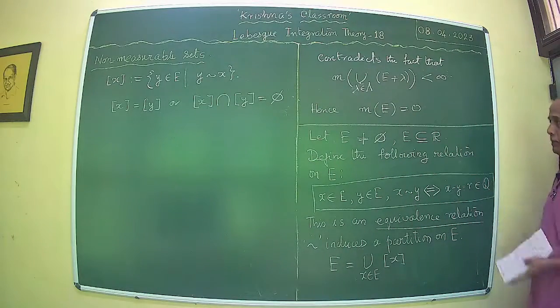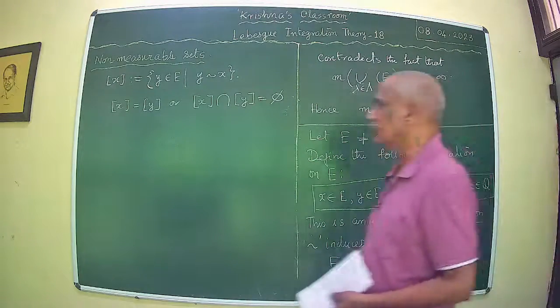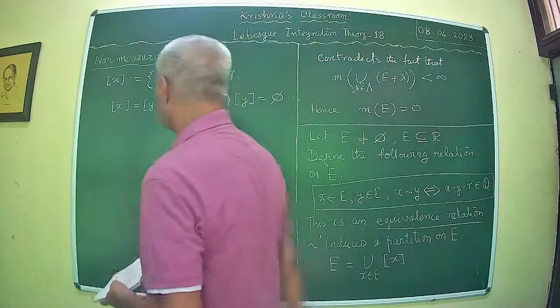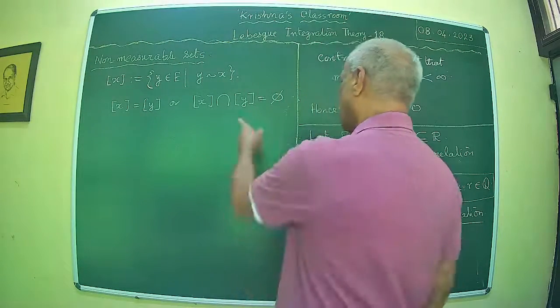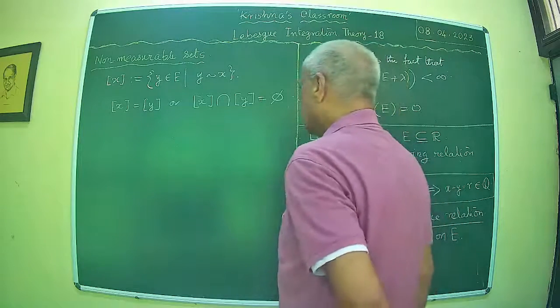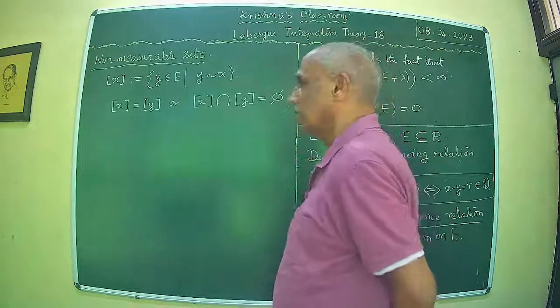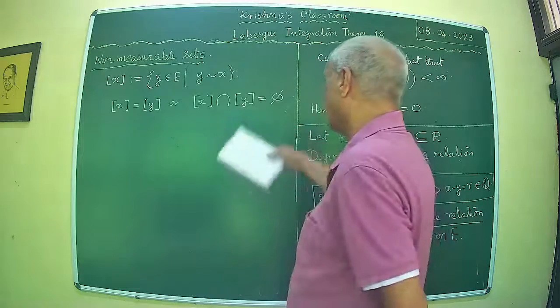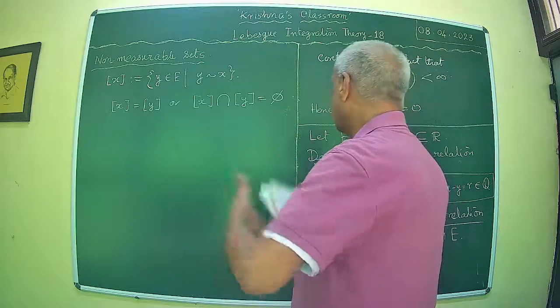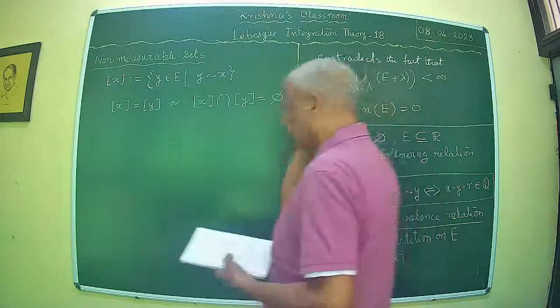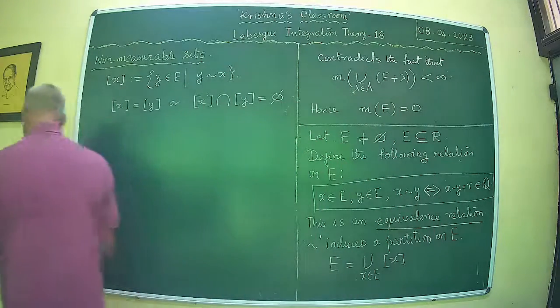So this is the property that you have. Either these are equal for x and y, or the intersection of the collection equivalent to x and the collection equivalent to y is empty. I mean, this is quite easy to prove.